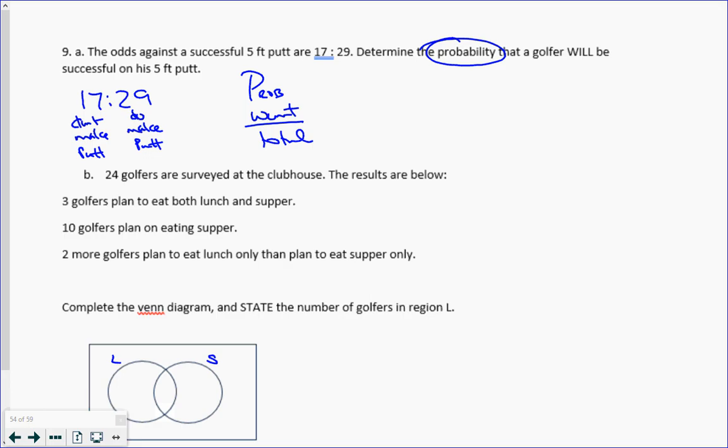So you will be successful. Which number is being successful? The 29. So the 29 is that he is successful. The total is when you add those two numbers together. So that would be 46.